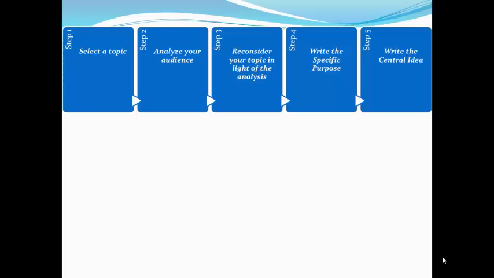So you'll want to spend extra time on steps 4 and 5. Step 5 is the central idea. And the central idea, the way that I think about it, is the central idea shows the main points in your presentation. And the main points are the key things that you plan on talking about in the body of your speech.